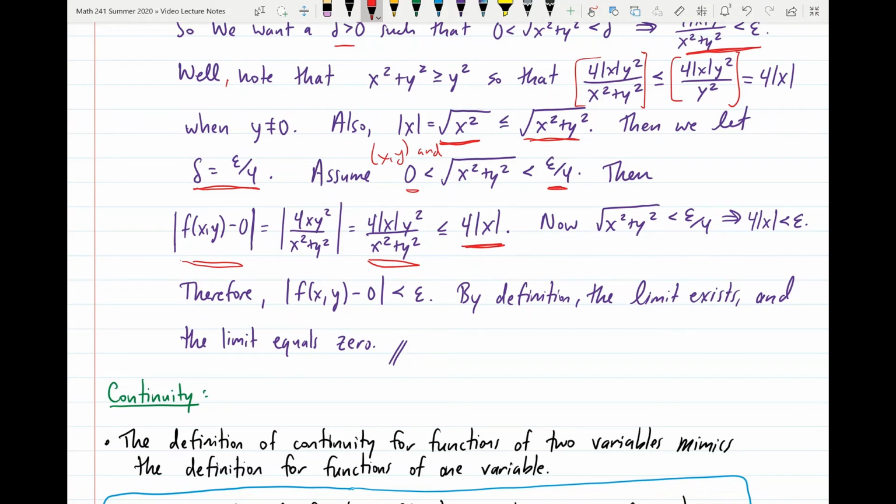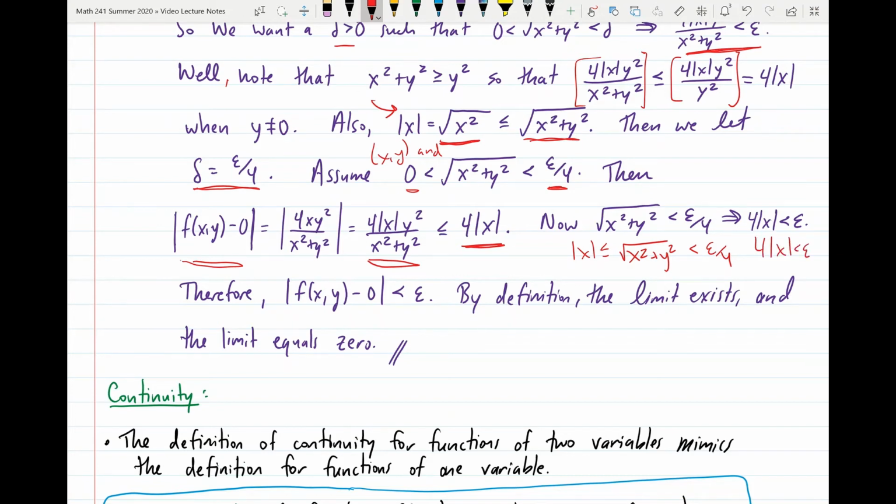And we also said that because the square root of x squared plus y squared is less than epsilon over 4, and because we already said up here that the absolute value of x is less than or equal to the square root of x squared plus y squared, which is less than epsilon over 4, we can use this inequality to say that 4 times the absolute value of x is less than epsilon.